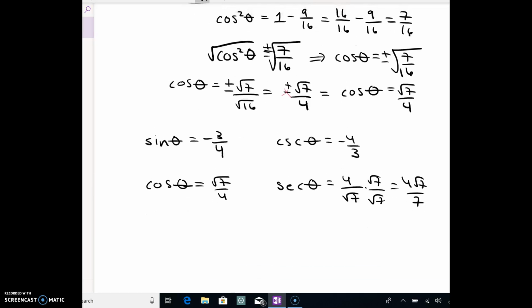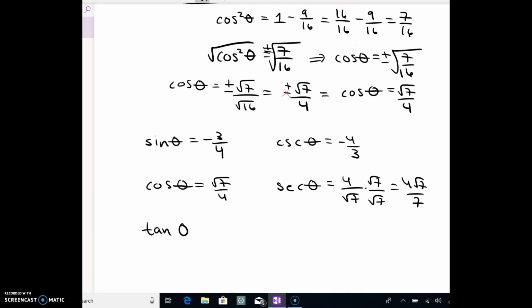Now, the one that we don't know is tangent. But remember, from the identities, we talked about a quotient identity. The quotient identity tells us that tangent is equal to the ratio of sine divided by cosine.